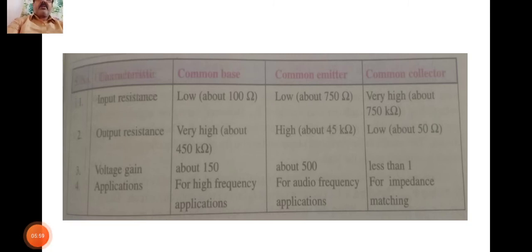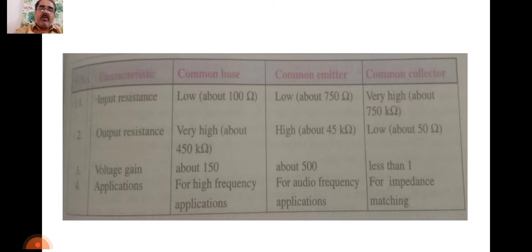Let us consider the applications of these. The common collector circuit has a very high input resistance, about 750 kilo ohm, and a very low output resistance, about 25 ohm. Due to this, the voltage gain provided by this circuit is less than 1.